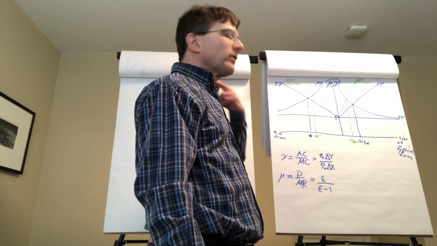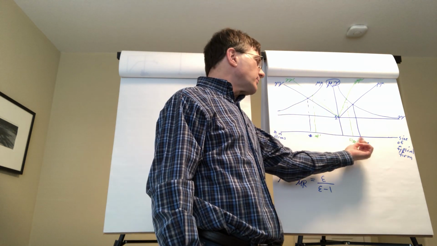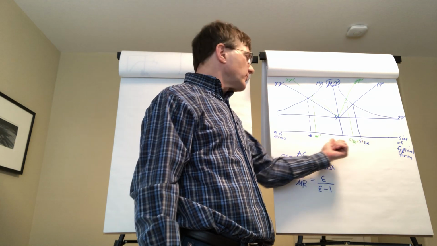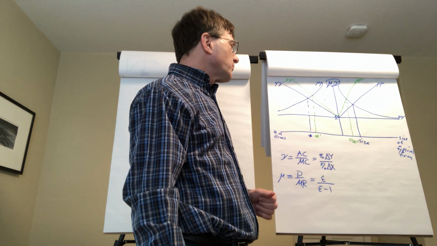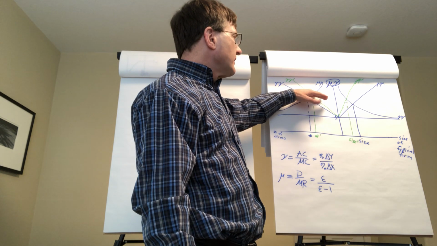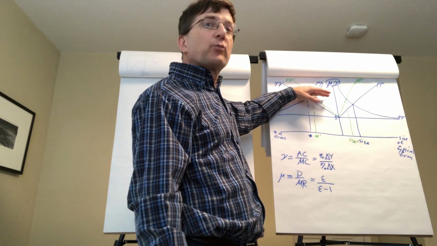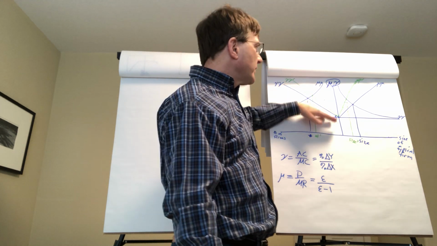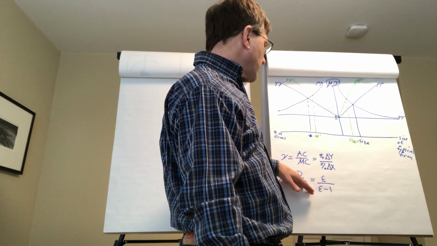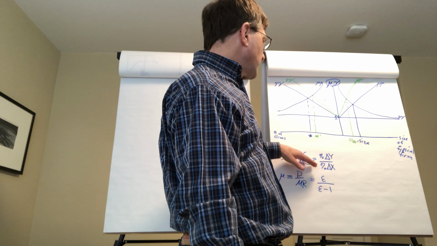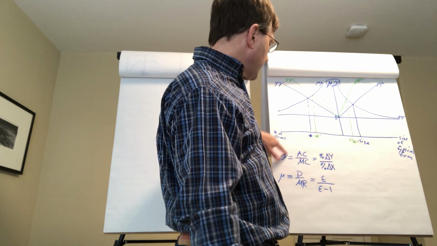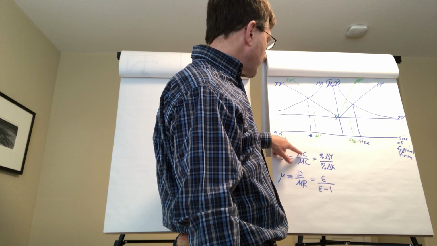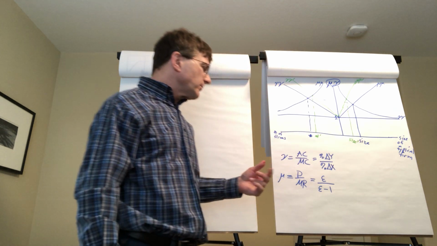So the lower size of the market is accommodated partly by smaller firms, but partly by fewer firms, smaller and fewer, and they have a higher price and a higher average cost, as you can see here, because the marginal cost and marginal revenue have stayed the same, but the gamma and mu going up has to imply that average cost and price go up.